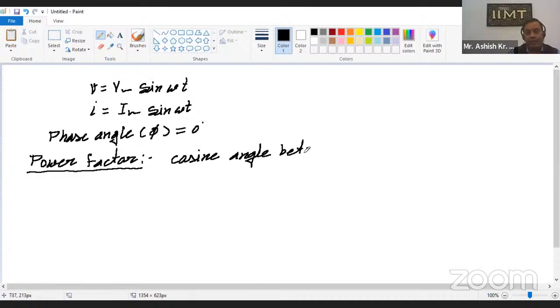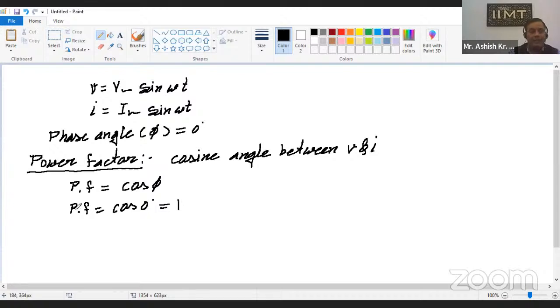As we saw earlier, the angle between voltage and current is 0, so the formula for power factor is cos phi, and the phase angle between voltage and current is 0. By putting the value of phi equal to 0, the power factor of a purely resistive circuit is 1.